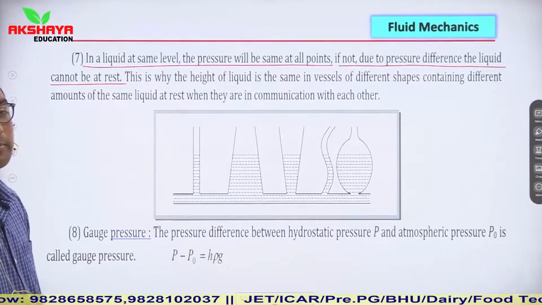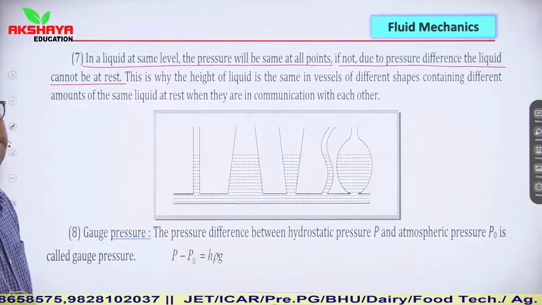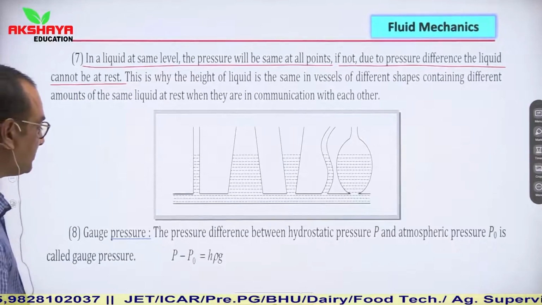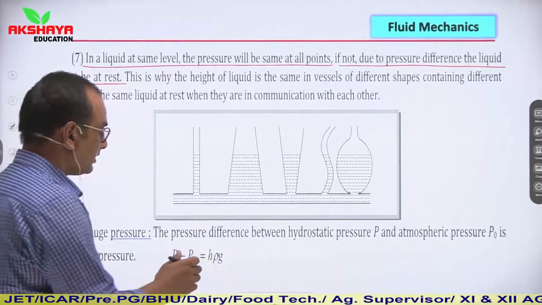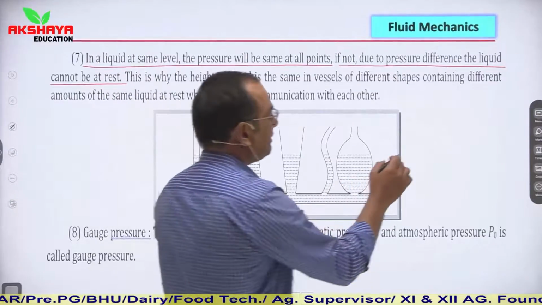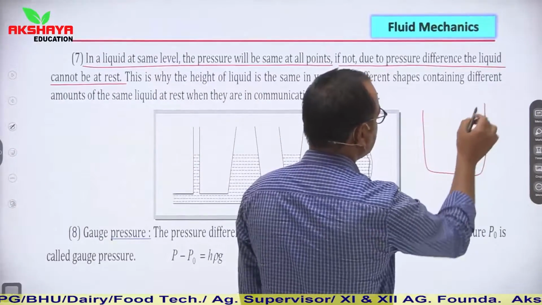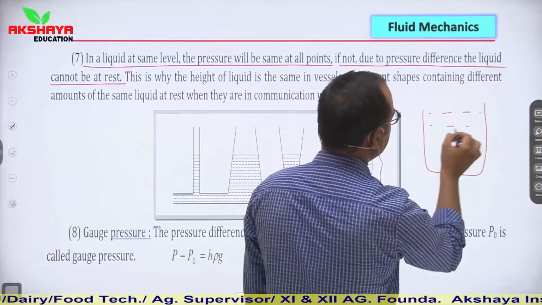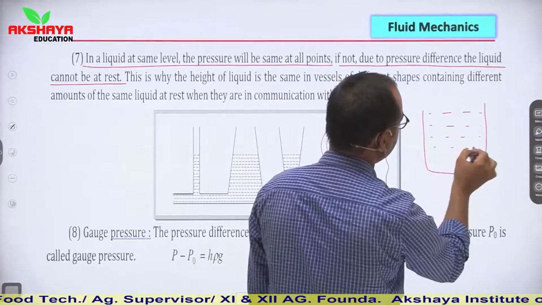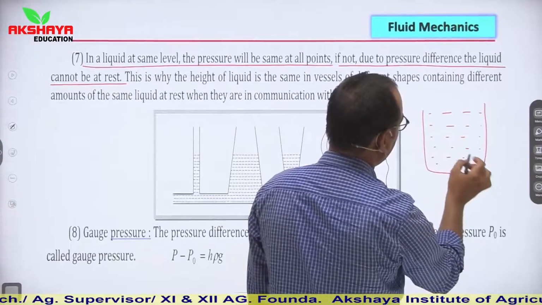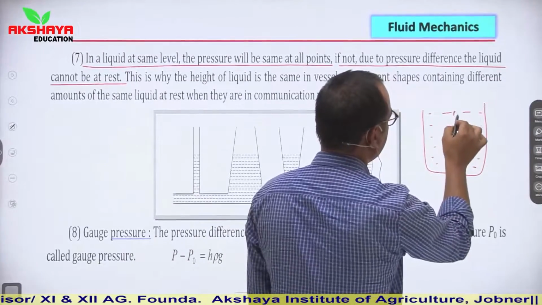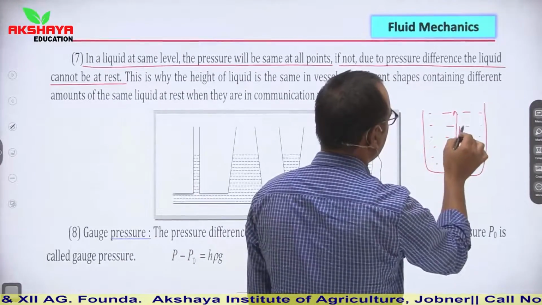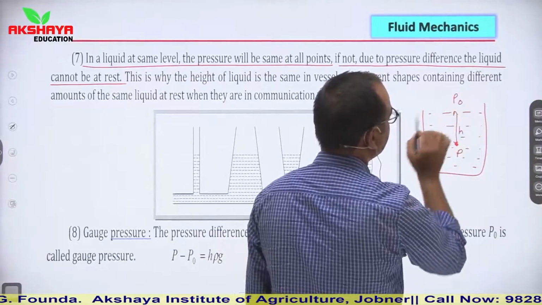Then gauge pressure. So what is the concept of gauge pressure? Gauge pressure is simply pressure difference, or the difference of pressure between two points. Let us say this is our container, a liquid is filled in this container, and we are finding pressure at this point P. Let us say it is at height H, and here atmospheric pressure is P naught.